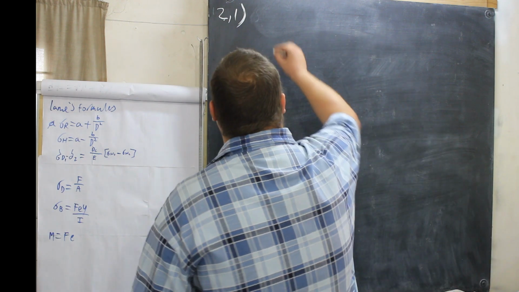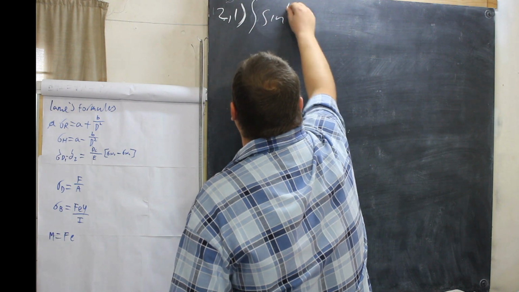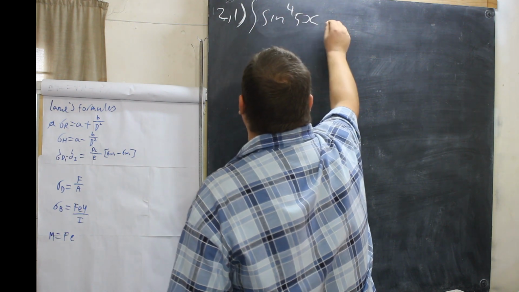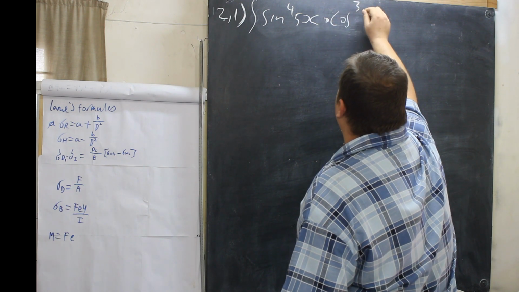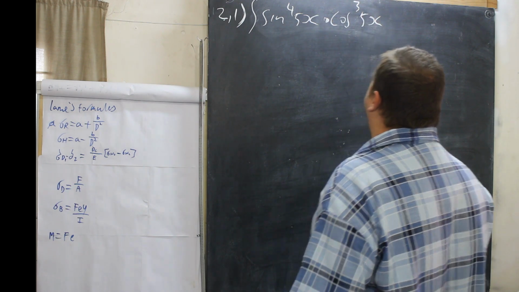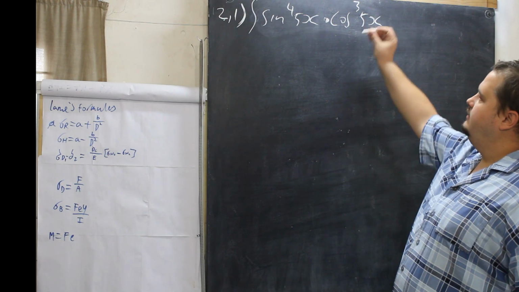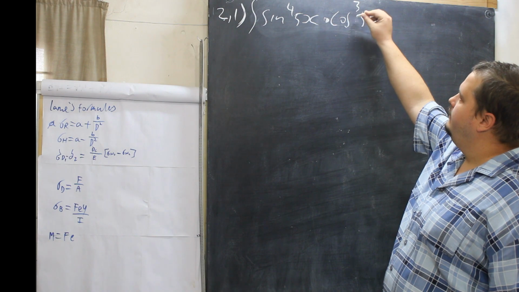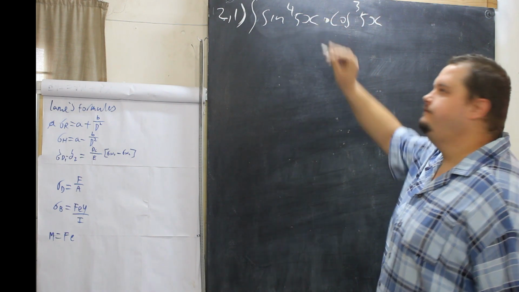Okay, our first sum goes like this. The integral of sin^4(5x) multiplied by cos^3(5x). Now, it is a lot simpler to split this one than it is to split that one.